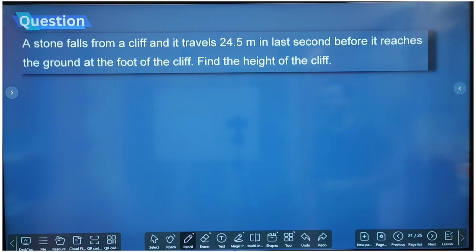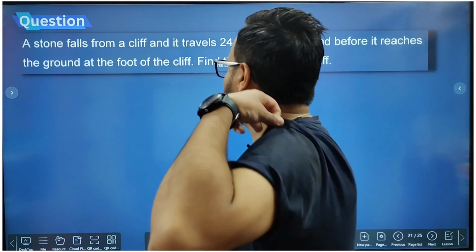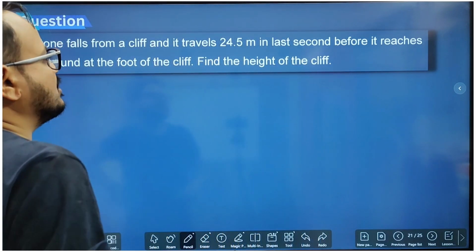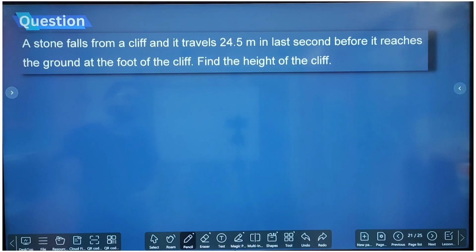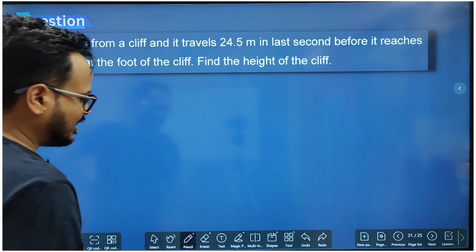Okay. A stone falls from a cliff and it travels 24.5 meter in the last second before it reaches the ground at the foot of the cliff. Find the height of the cliff.